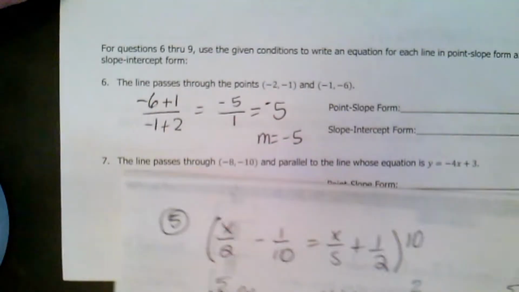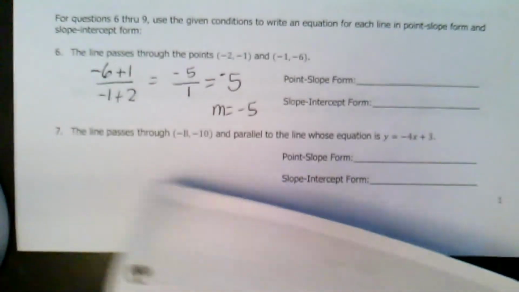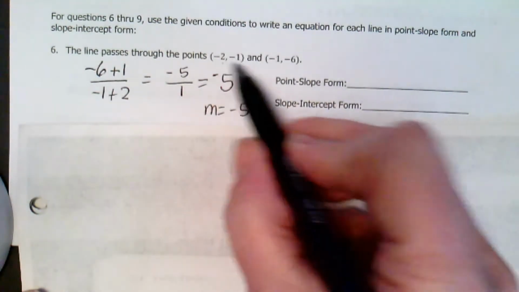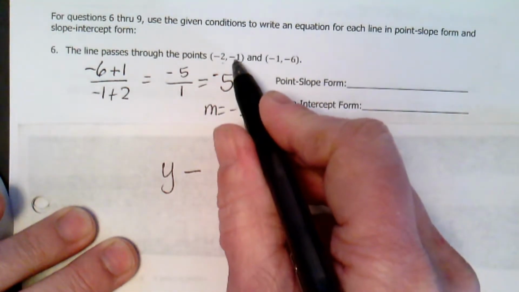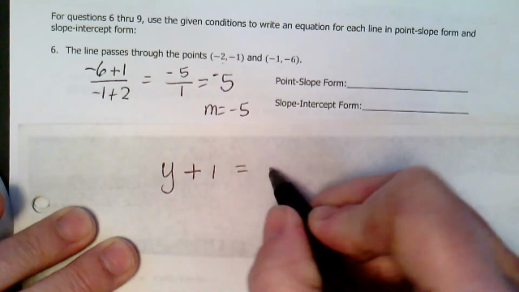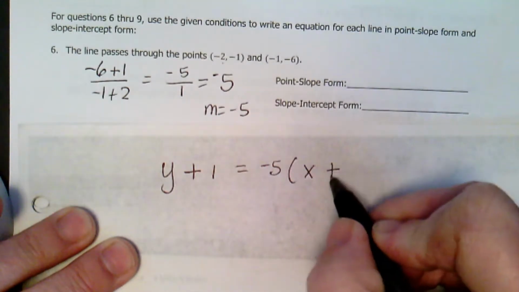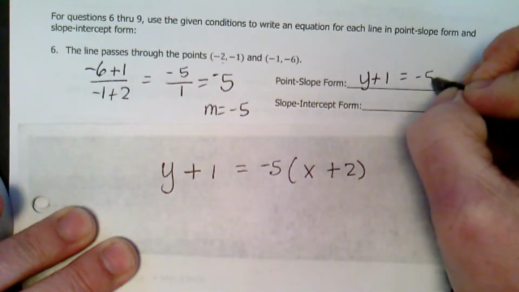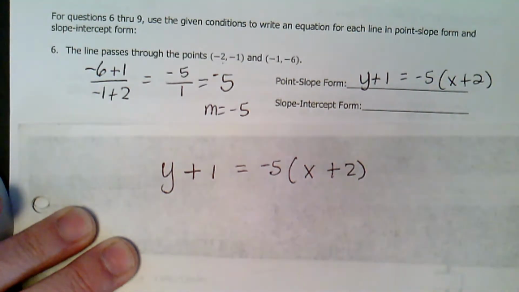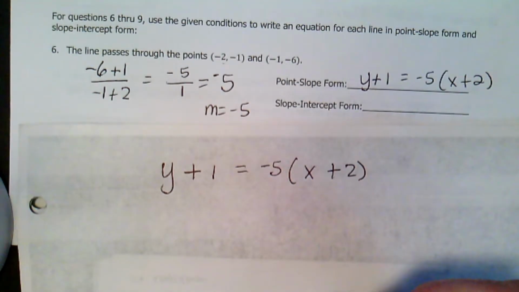Now it doesn't matter which point you use, you should get the same answers for your slope intercept form. So I always just choose the first one. So it's y take away -1, which is a +1, our slope, and x take away -2, which is a +2. So this is what goes here. And then our slope intercept form is this simplified to the y equals.